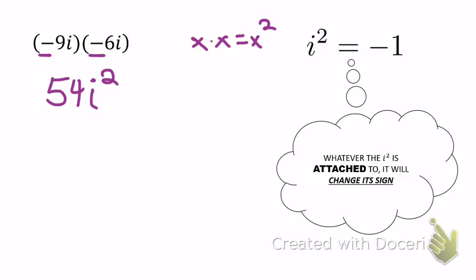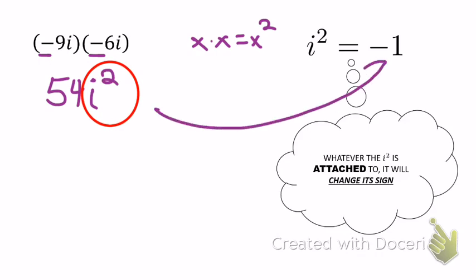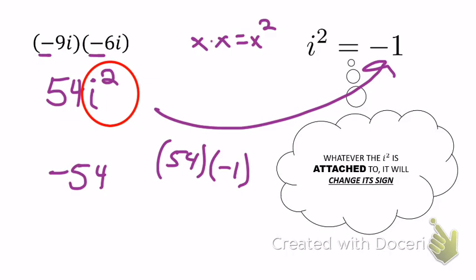Now, remember, i squared equals -1. So literally, whatever the i squared is attached to, it's going to change its sign. The i squared is attached to 54, so now it's going to be -54. This is because this is going to end up being 54 times -1, which we know is -54.